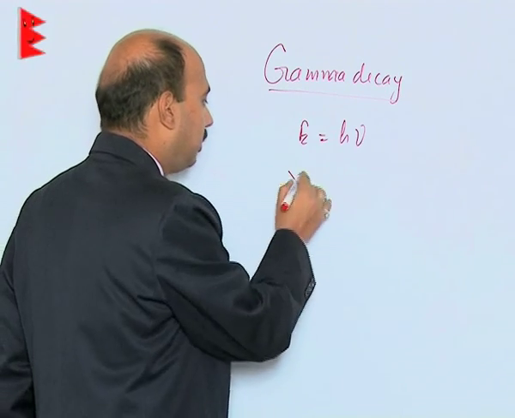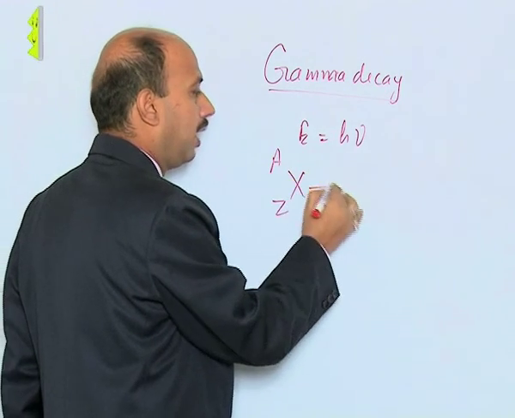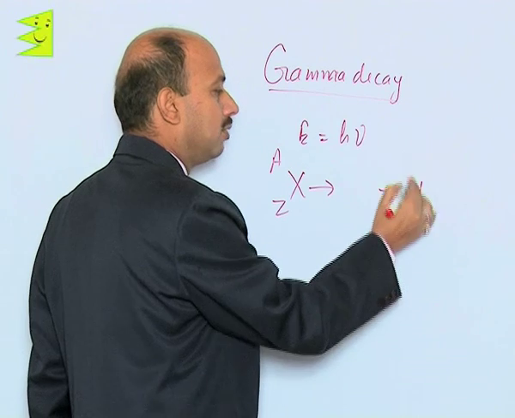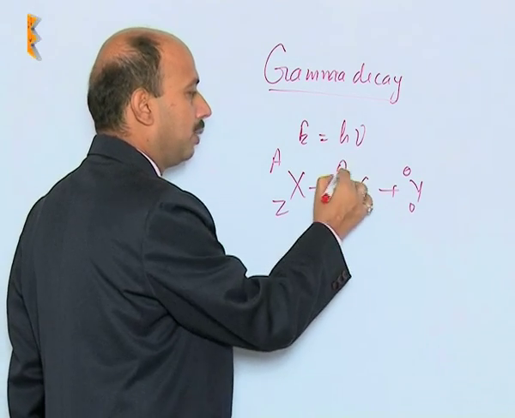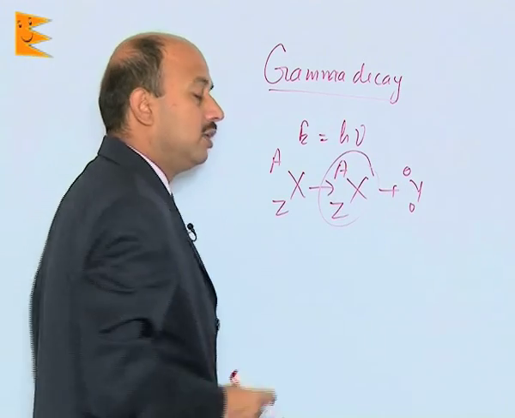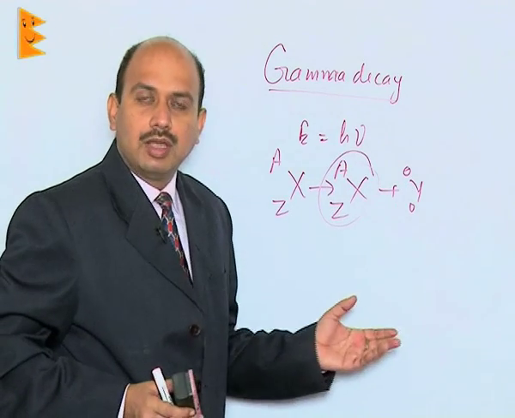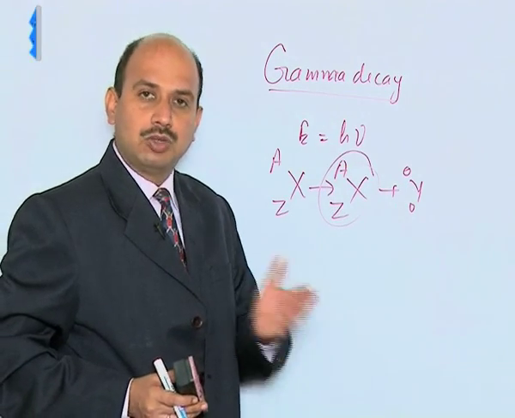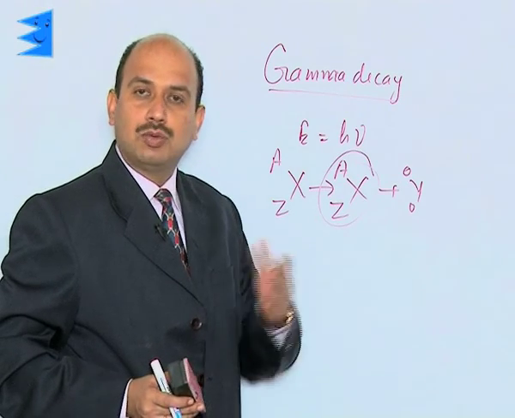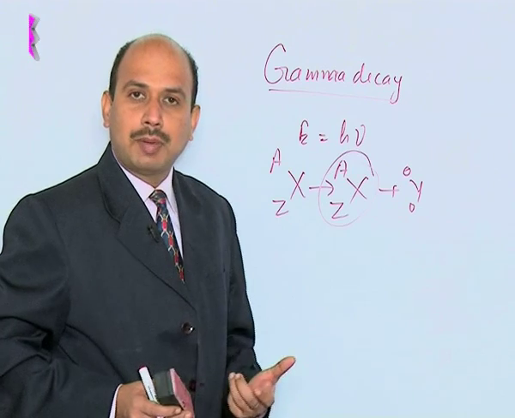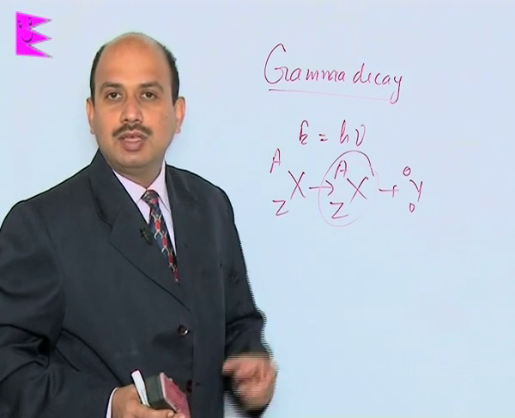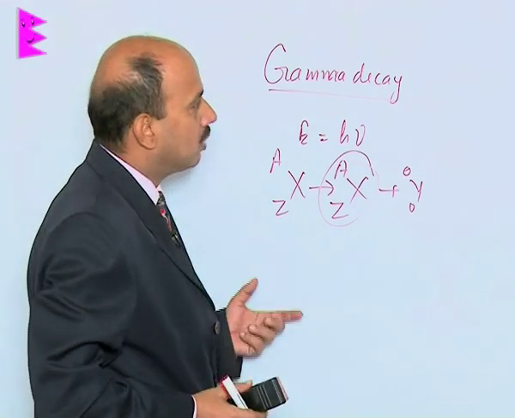In that case, if it is X, this is Z A, and it is emitting the gamma, like 0 0. So the atom remains the same, the nucleus does not change, the atomic number remains the same, everything, just its energy is changing. It means it is coming from one excited state to another one, or maybe from an excited state to the ground state, and we can get the energy released, or the energy of the gamma particle, that is the difference between the two energy levels. So this is about the gamma decay.